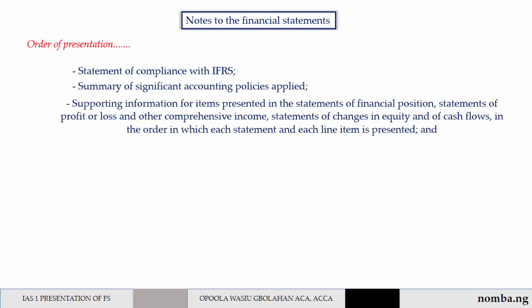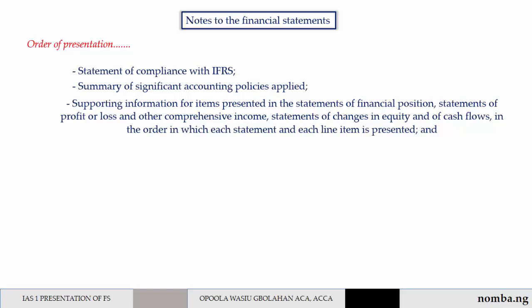C. Supporting information for items presented in the statement of financial position, statement of profit or loss and other comprehensive income, the statement of changes in equity and cash flows in the order in which each statement and each line item is presented. That is very important. That means the notes must be presented in a systematic manner.